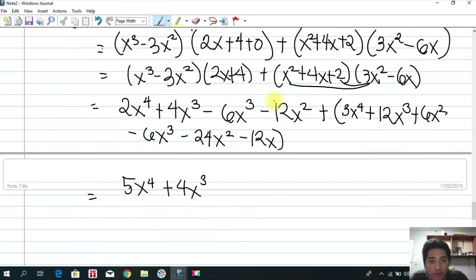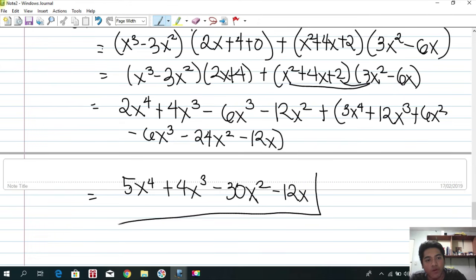Okay, and for our x squared, negative 12x squared plus 6x squared, that is equivalent to negative 6x squared, minus 24x squared, that yields negative 30x squared. And finally, for our x, we should copy because we don't have anything to simplify with x. So this should be our final answer.